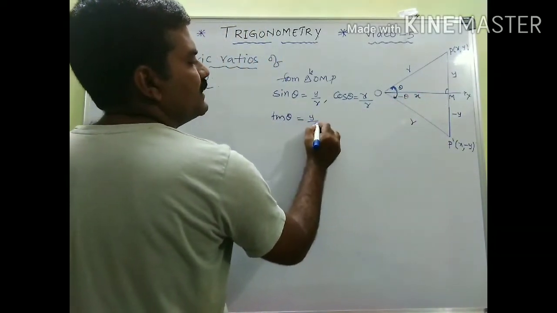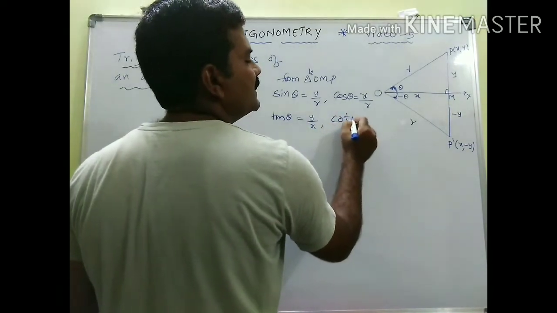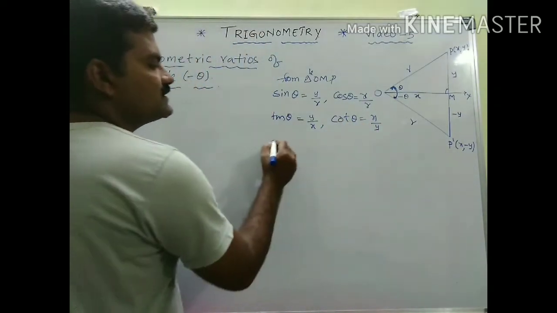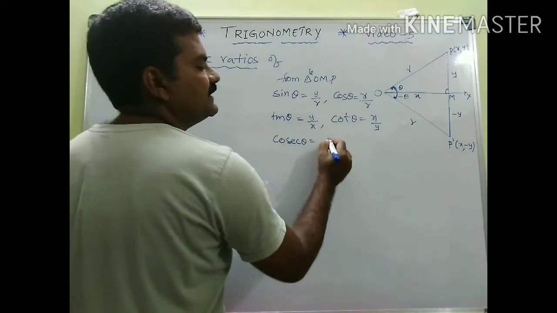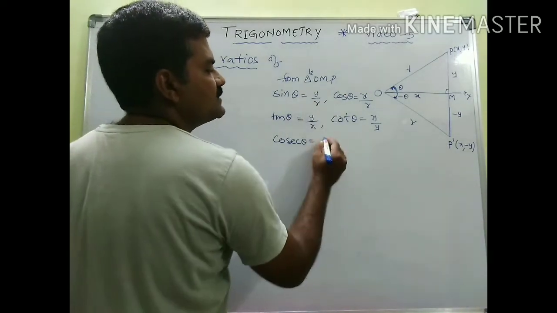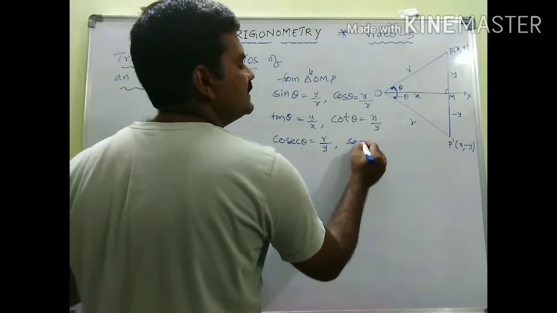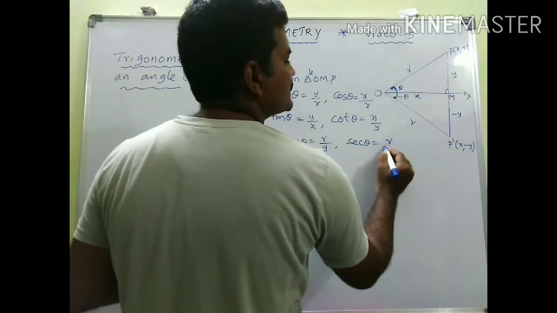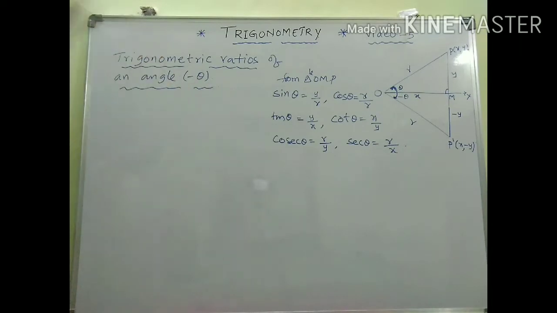If tan theta is y by x, then cot theta is its reciprocal, x by y. Cosecant theta is 1 by sin theta, which is r by y. And finally secant theta is 1 by cos theta, which is r by x. All these things we already discussed earlier.